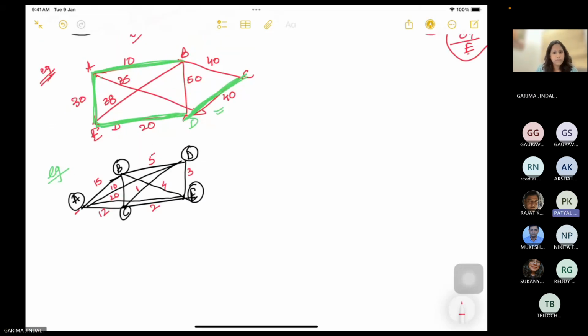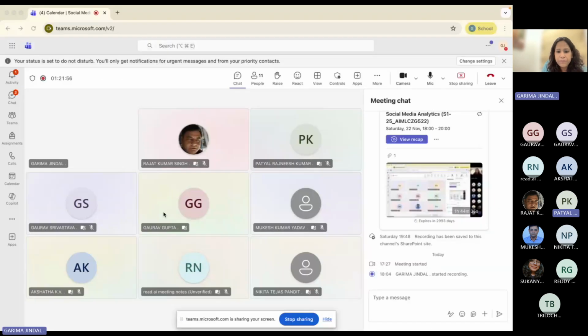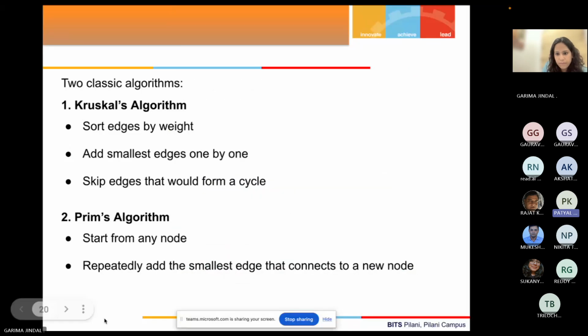Ma'am, may I ask a doubt in Kruskal algorithm? Yes. If you can go to the screen where you had shown the example.